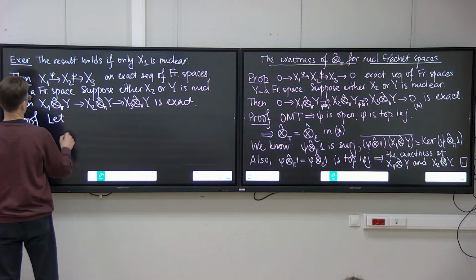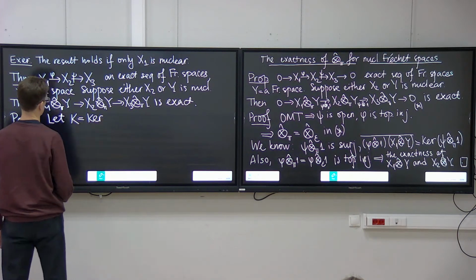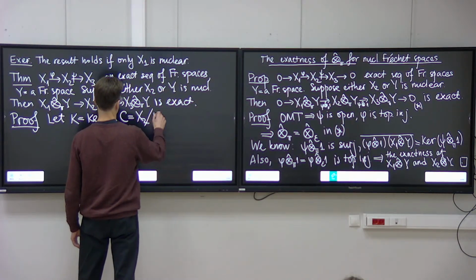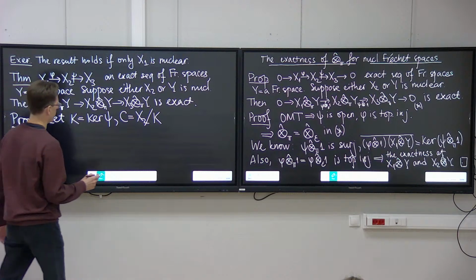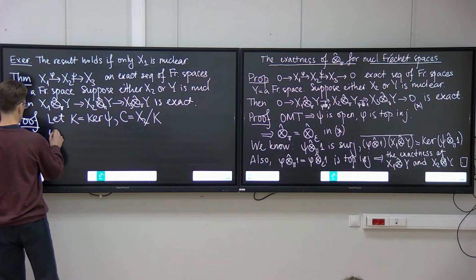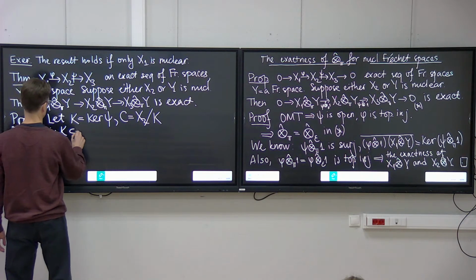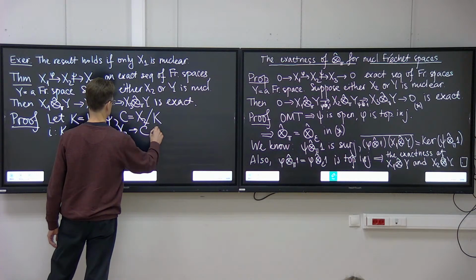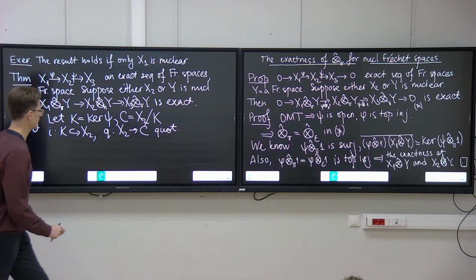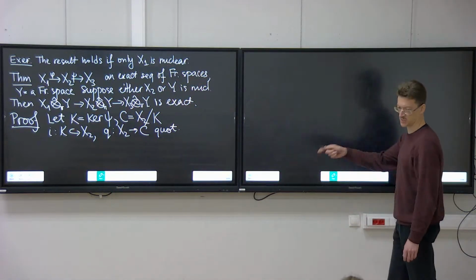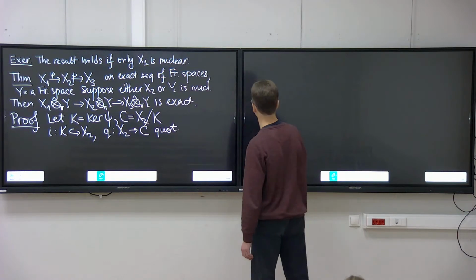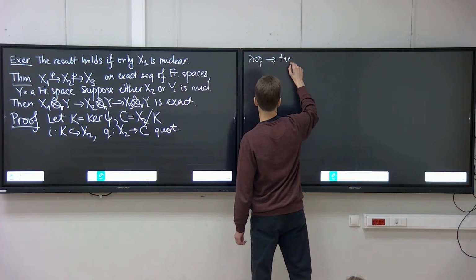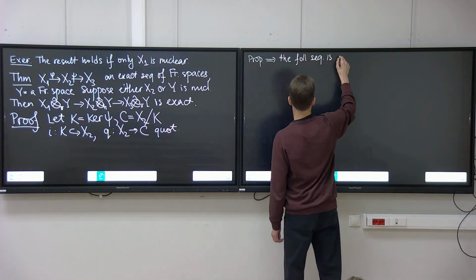So let K denote the kernel of psi, and let C denote the quotient of x2 modulo K. So we have an inclusion map I from K to x2, and the quotient map Q from x2 onto C. So we get a short exact sequence, 0, K, x2, and C, and we apply our proposition, and we get an exact sequence. So the following sequence is exact.